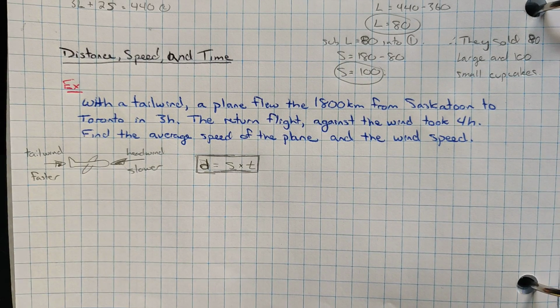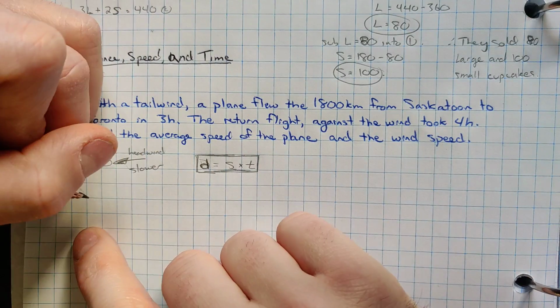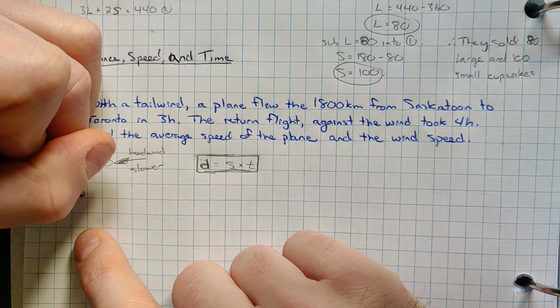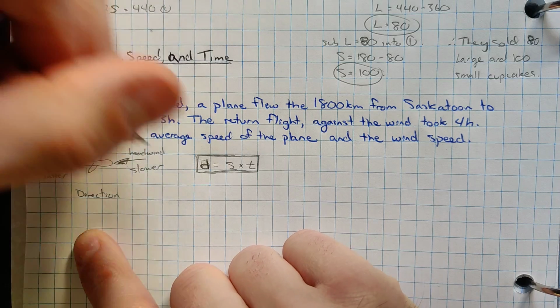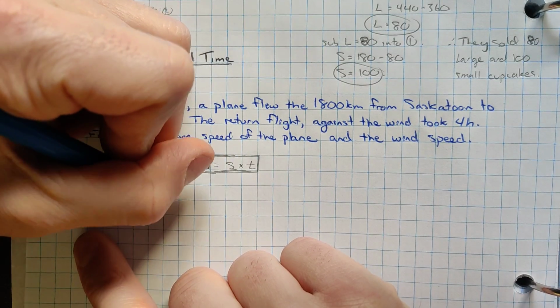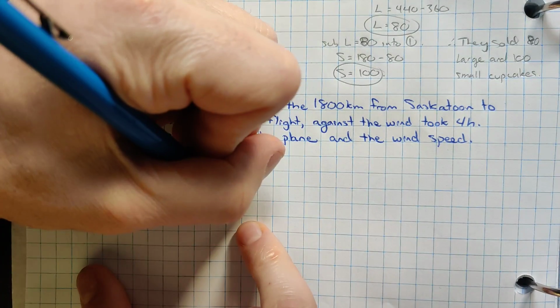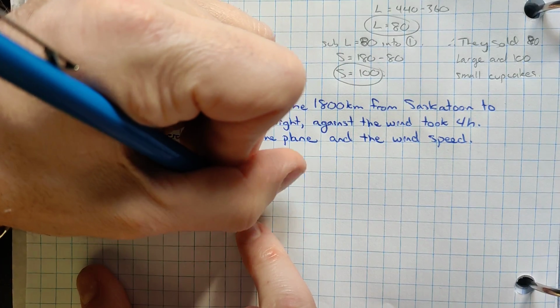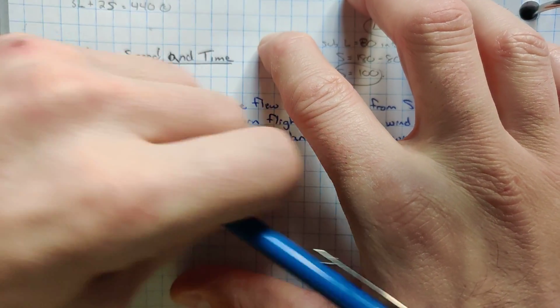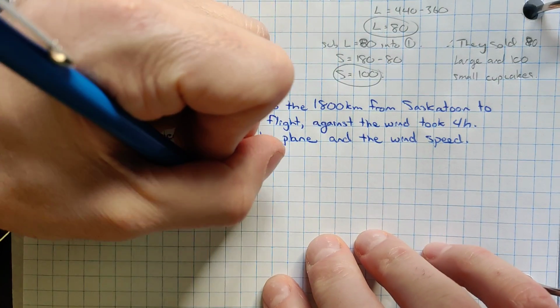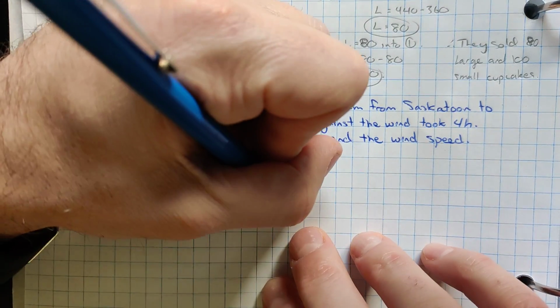So if we take a look at our situation then, we're going to make a little table here. We got the direction, the distance, the speed, and the time.